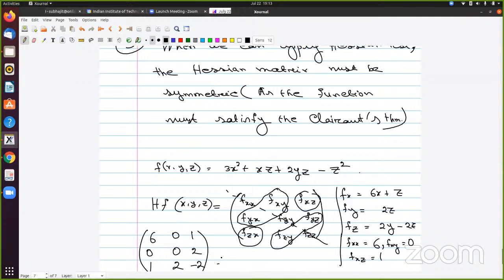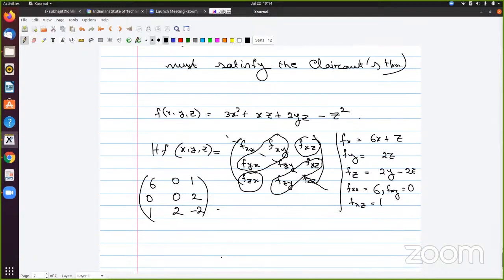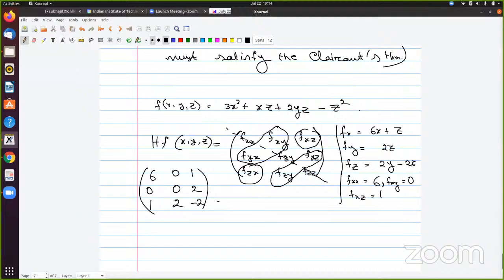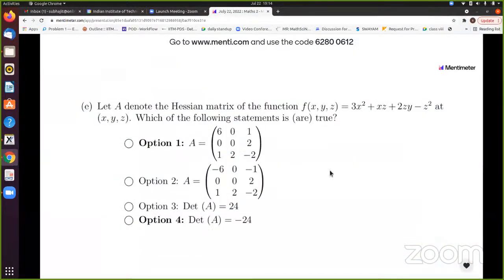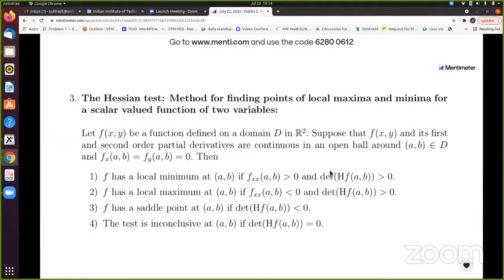So we can calculate the determinant also. Hopefully now we know how to write the Hessian matrix for any multivariable function. Why do we need the Hessian matrix? For the test of the critical point.